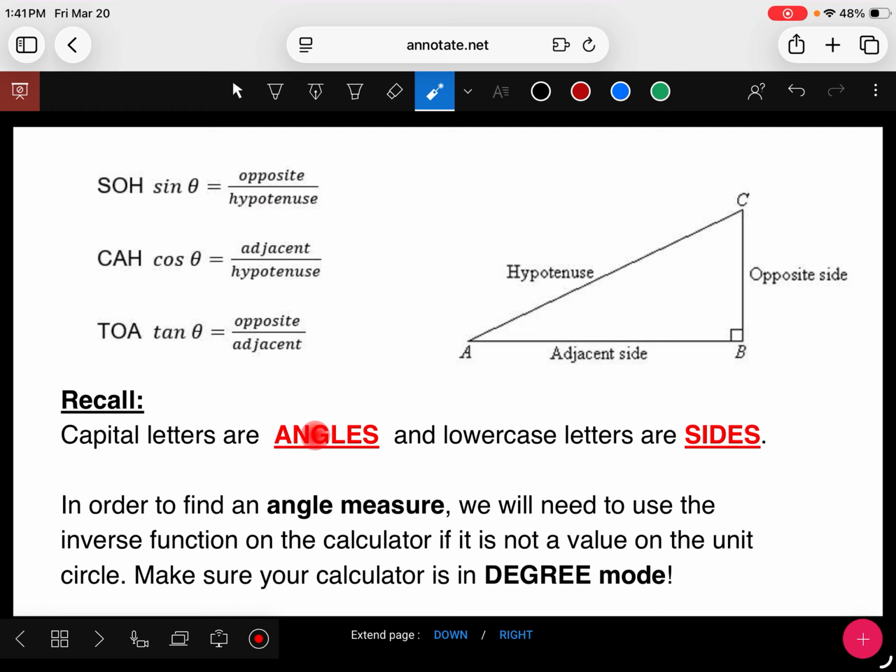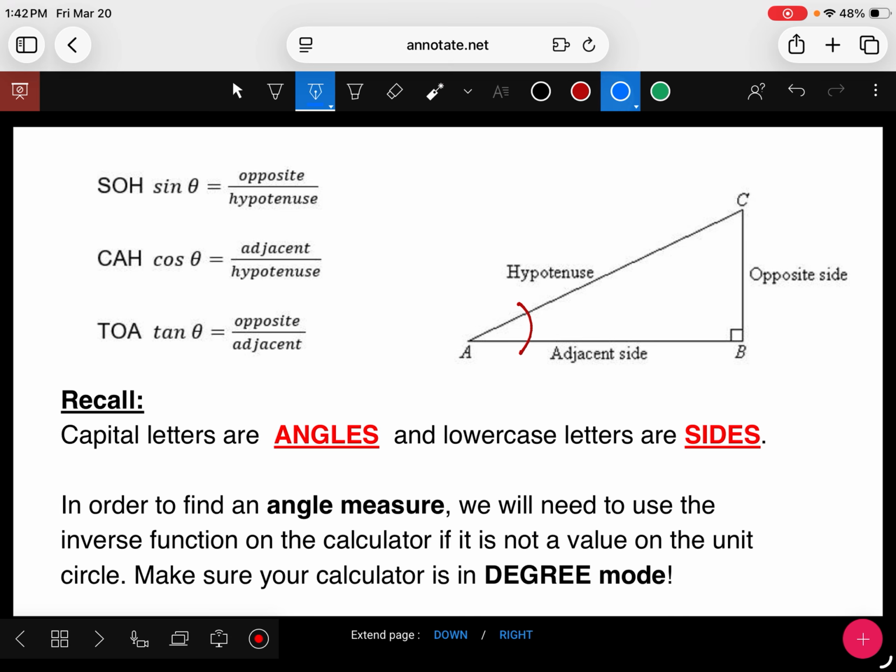All right, so now let's talk about some references that we're going to need, because we will find angles and sides in this chapter. All angles, we always use capital letters, okay? Sides are lowercase letters. All right, so looking here, little bitty b is going to be opposite big B. So opposite of big B would be the hypotenuse.